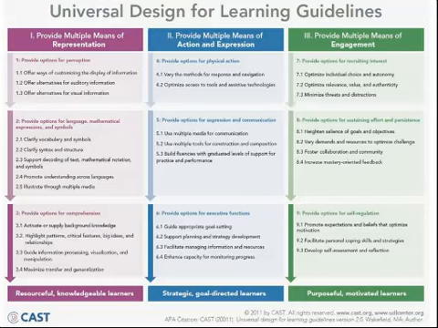When we look at providing multiple means of representation, that's the first column on the left, you look at how you can provide options for perception, options for language development, and options for comprehension. Those are 3 areas that they call checkpoints. Those are the areas you want to look at when it comes to providing multiple means of representation.